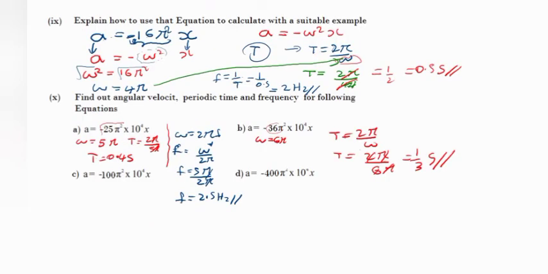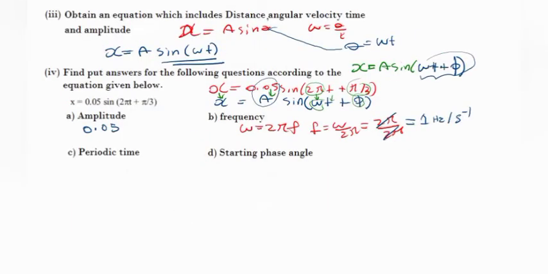What is 2 pi? It's 2 pi itself, and omega was 2 pi again. So the periodic time is 1 second. That's it.